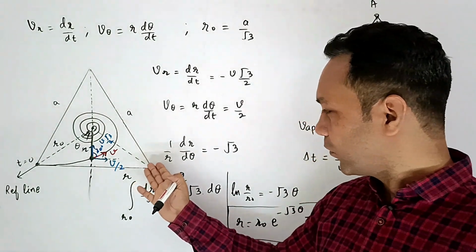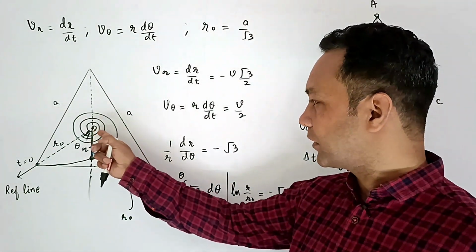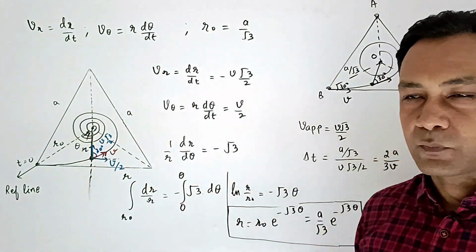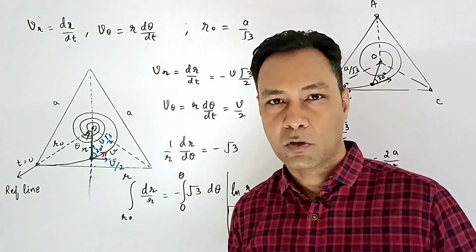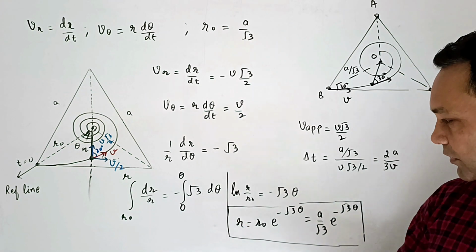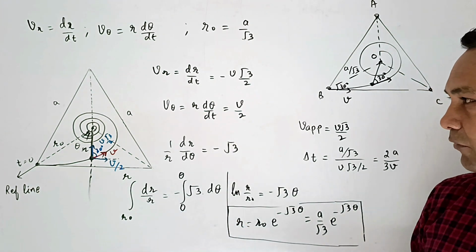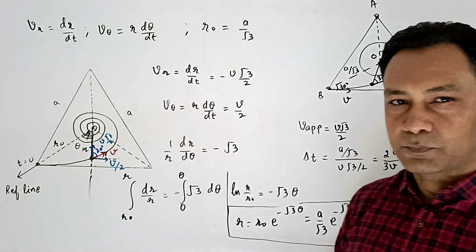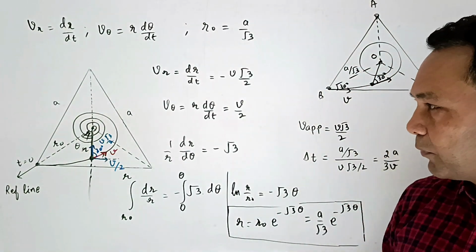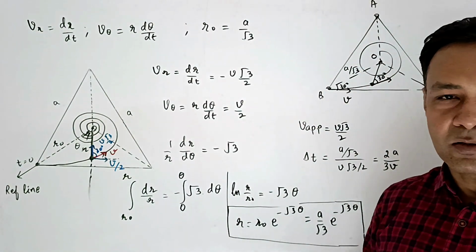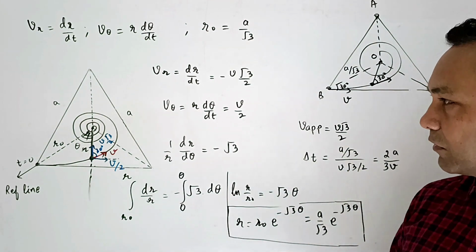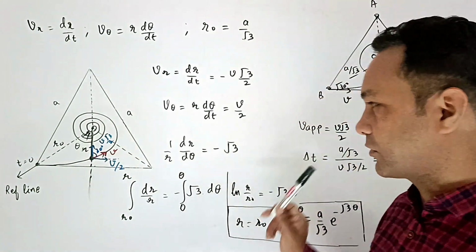The same path will be followed by this particle, but for that we will have to take this reference and angle theta from here. So we have got the equation of trajectory also, and using this equation of trajectory we can find a few more things. If it is asked, you can immediately tell how much time it has taken to collide. The time taken is this, and the total distance is v into this.